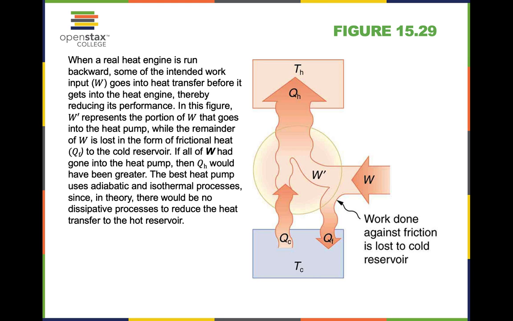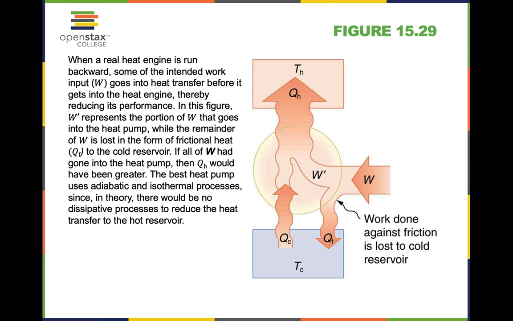So for B, when a real heat engine is run backwards, some of the intended work input W goes into heat transfer before it gets into the heat pump, thereby reducing its performance. In this figure, W prime represents the portion of W that goes into the heat pump, while the remainder of W is lost in the form of frictional heat, Q_F right here, to the cold reservoir.